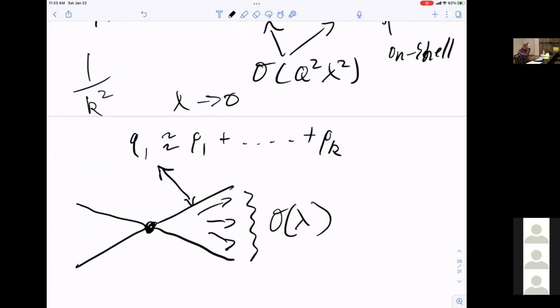Everything inside that cone is summing up to my Q1 approximately, up to corrections which go beyond that order.